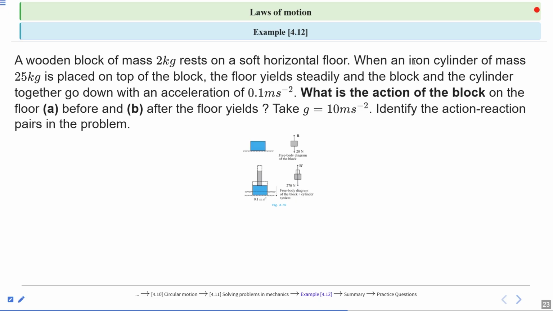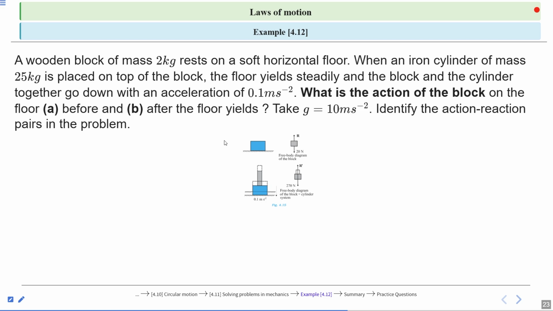When an iron cylinder of mass 25 kg is placed on top of the block, look here, the floor yields steadily and the block and cylinder together go down with an acceleration of 0.1 meter per second square. So this is the given acceleration, and the mass of the iron cylinder is 25 kg.